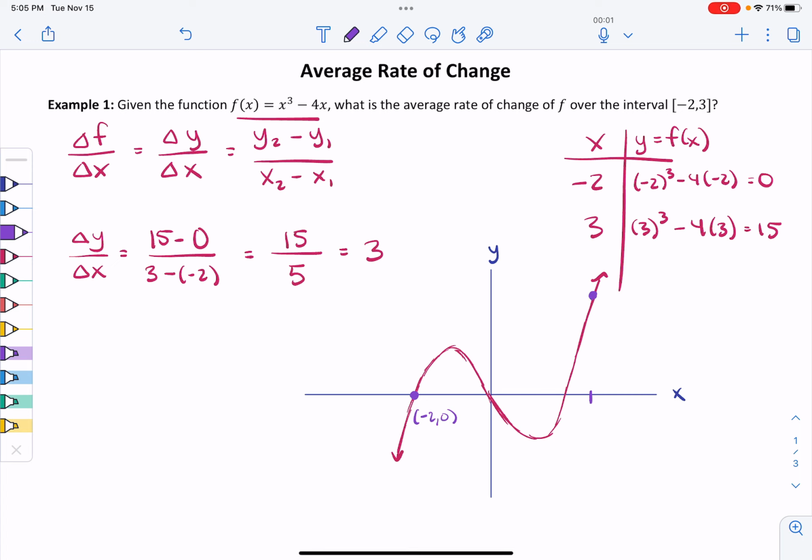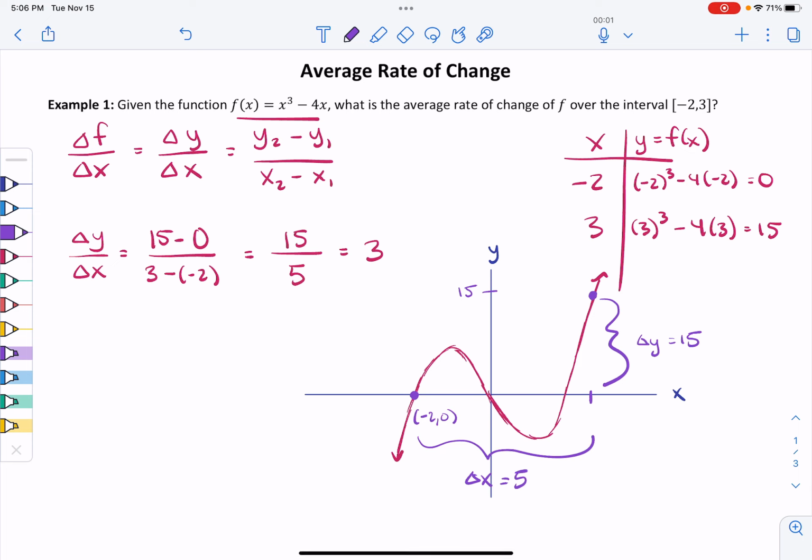So what we see here is that the change in y from this point right here to this point over here is 15. Now, from the first point to the second point, the change in x is 5.